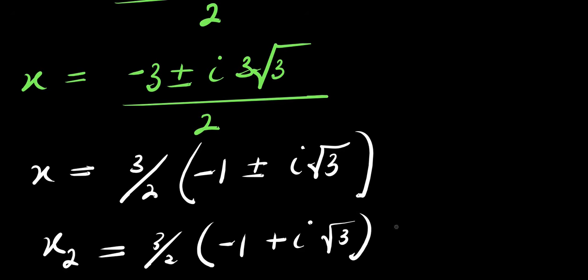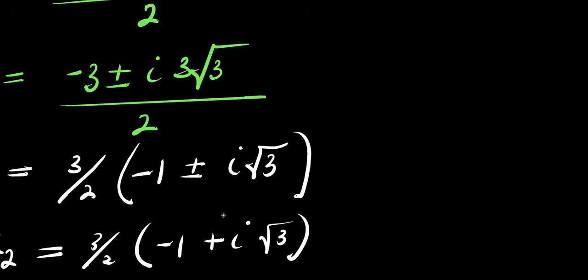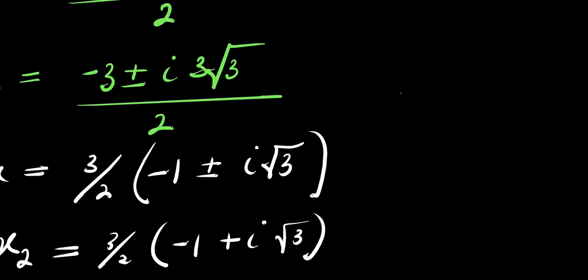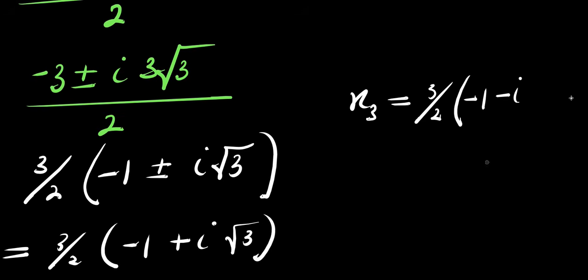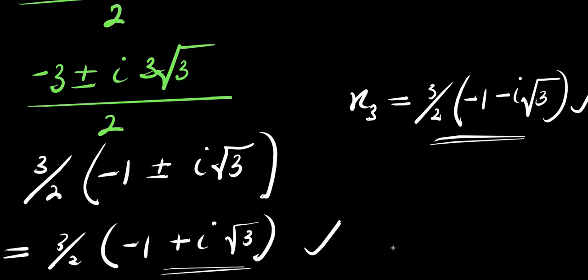I also have another value for x, which is x3, which is 3 over 2 times negative 1 minus i root 3. So these are the two complex solutions.